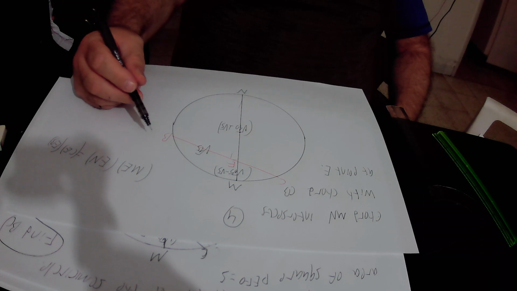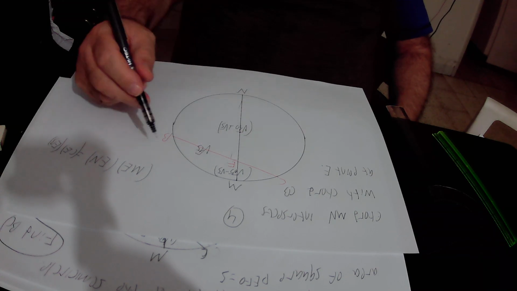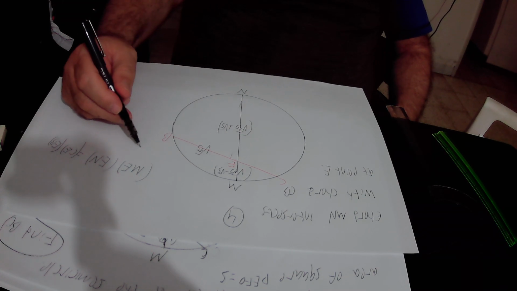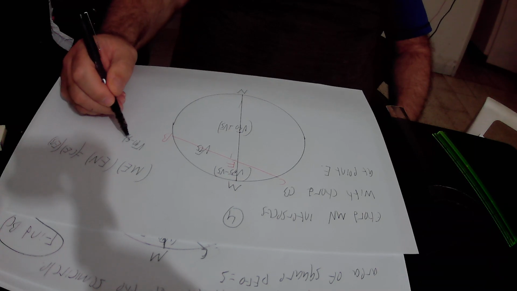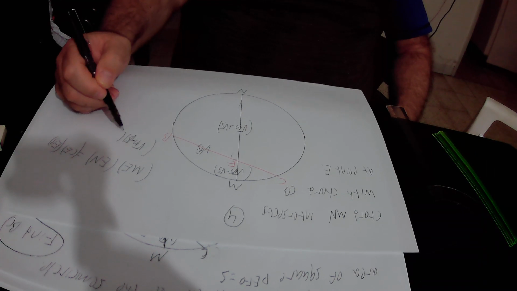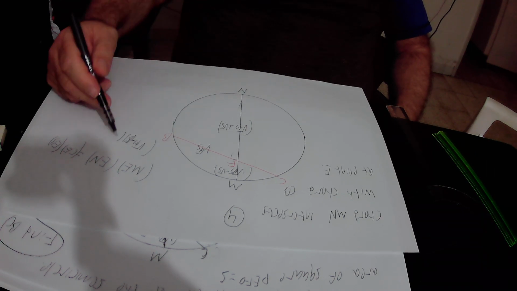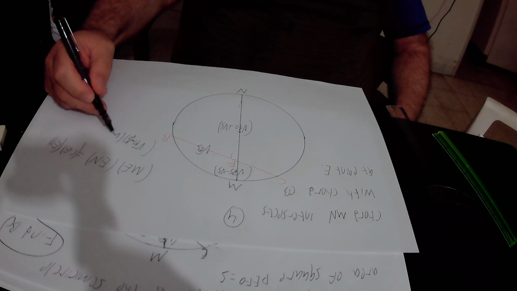ME equals square root of 10 minus square root of 5, times EN. EN equals square root of 10 plus square root of 5.